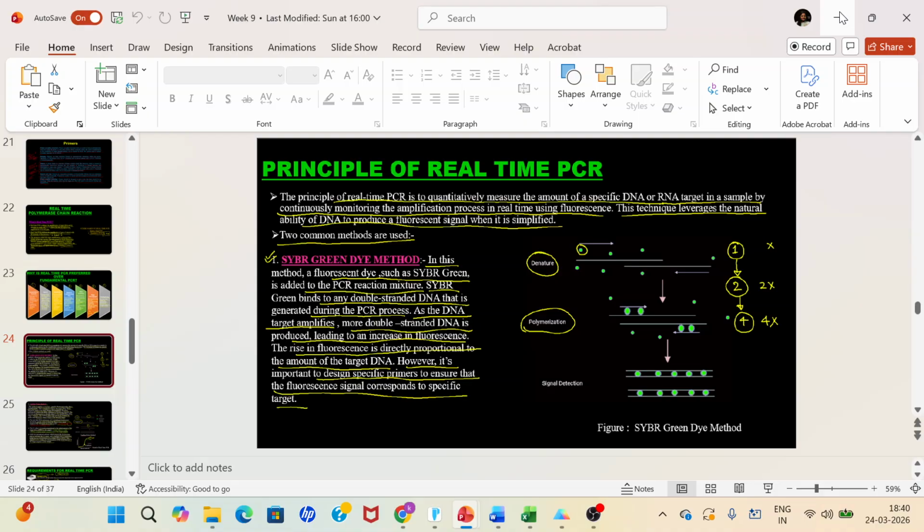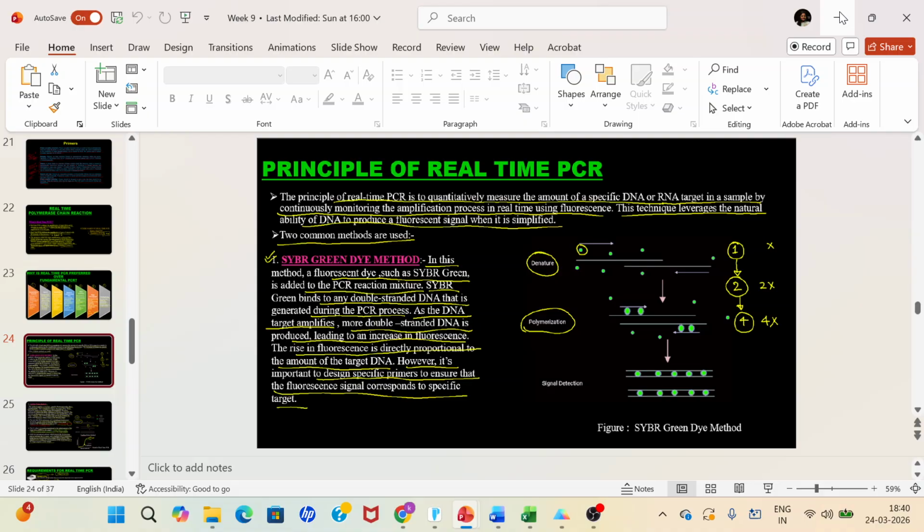Now to observe that, what kind of dye is used? So first is the SYBR Green dye method. In this method, a fluorescent dye such as SYBR Green is added to the PCR reaction mixture. Generally it is a green colored dye. SYBR Green binds to any double stranded DNA that is generated during the PCR process, and as the DNA target amplifies and more double stranded DNA is produced, it leads to an increase in the fluorescence.